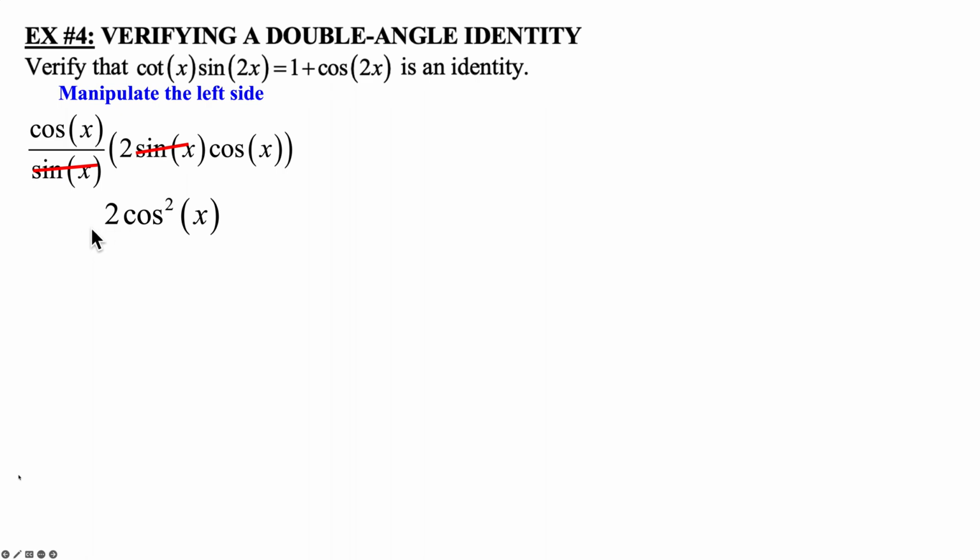Oh, wait a minute. Cosine of 2x. If I were to put a -1 here, and I'll add 1 over to the other side, then 2 cosine squared x minus 1, that becomes cosine of 2x.